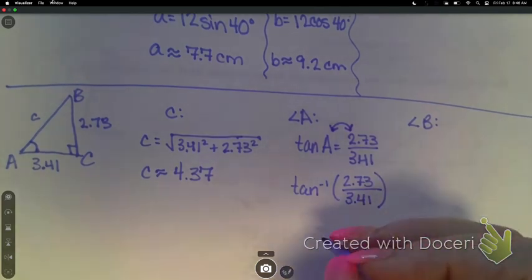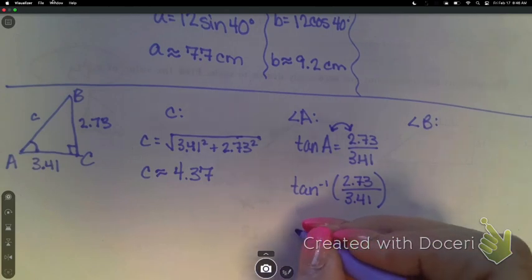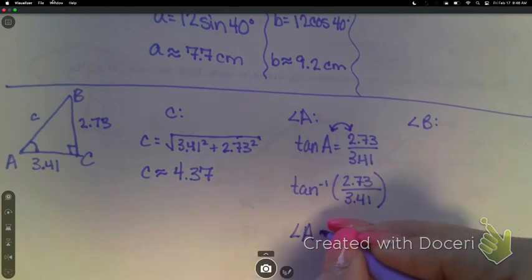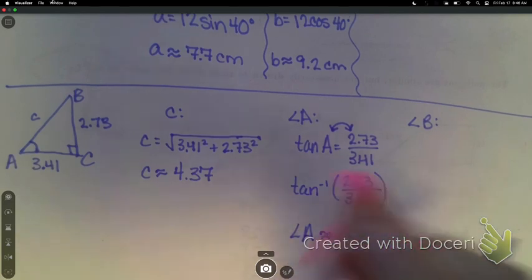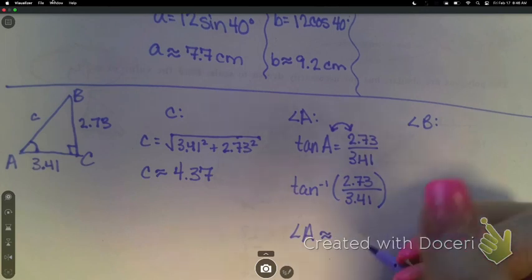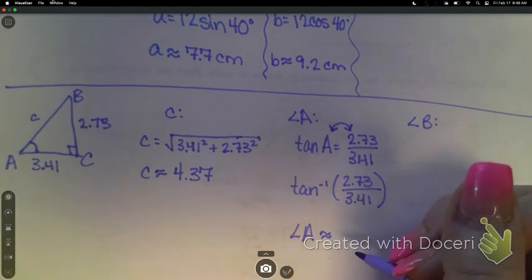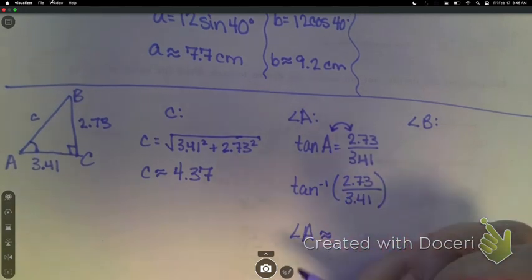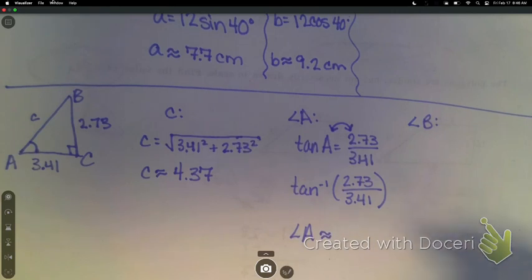Let me just tell you what it is. So angle A is approximately, and they gave 2 decimal places, yes? Oh, we're going to go to the nearest 10th. I like the 10th for angles. If they don't tell you, 10th for angles and 100th for sides.